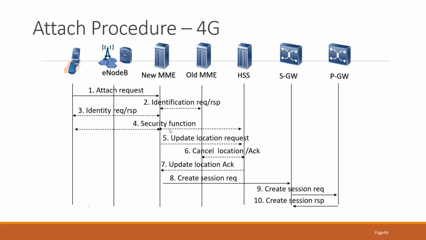The MME is going to compare the response received from the HSS with the response from the UE. If it is the same, it will allow authentication. If it is different, it will disallow the authentication, you are not going to proceed with the attach procedure, and you will get an attach reject message.